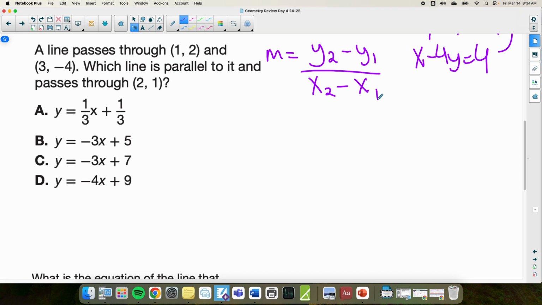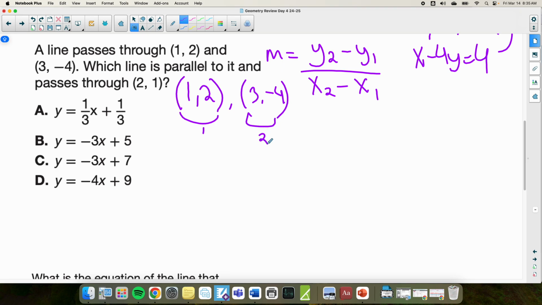So right here we have 1, 2, and we also have 3, -4. So for the slope, the y2 and x2 need to come from the same point, and the y1 and x1 need to come from the same point. So we'll just pick this one as the first one, and this one as the second one.